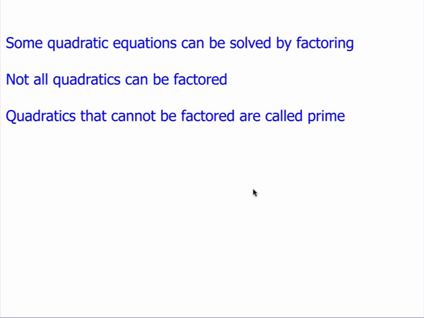So if we think about what this is going to look like, if I was to give you this polynomial, x plus 2 times x minus 2. Okay, so this is a polynomial that's been factored into two binomials.